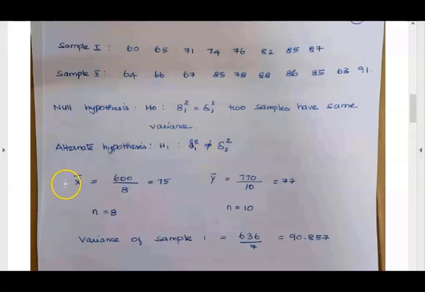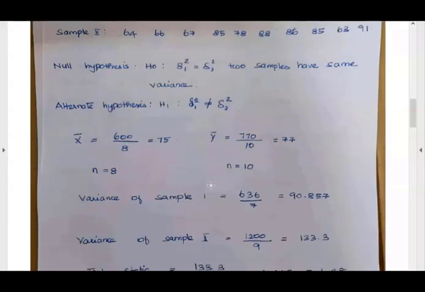First I have to determine the value of X bar for sample 1, which is 600 divided by the total count n, that is 8, which gives 75, and the value of Y bar, that is 770 divided by the total number n, that is 10. So here I get 77. So the X bar value is 75 and the Y bar value is 77.